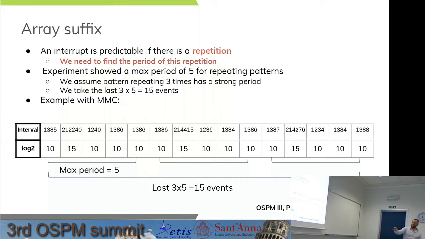We took the value a bit arbitrarily: if we find a repetition 3 times the maximum period, then we assume it's repeating, and then we can find the next event.